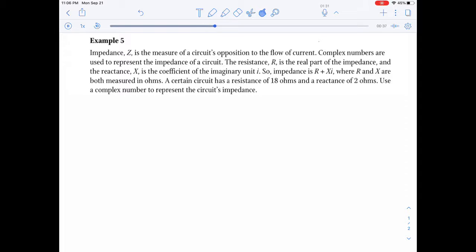Let's begin by writing down the equation. So impedance is represented by the variable Z. And Z is going to be equal to the resistance R plus the reactance X, which is the coefficient of the imaginary unit i.